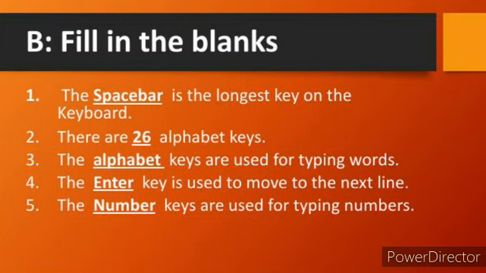Number 4 is the dash key is used to move to the next line. The enter key is used to move to the next line. And number 5 is the dash keys are used for typing numbers. The number keys are used for typing numbers.